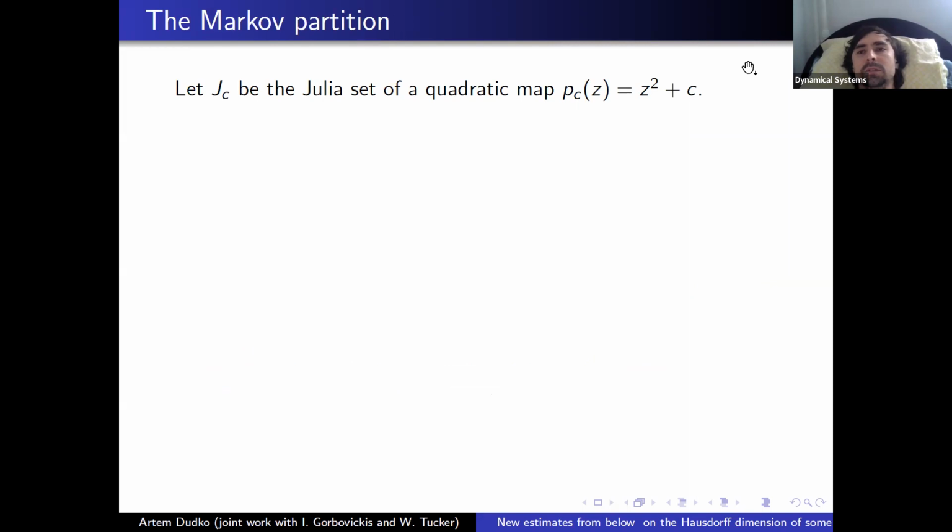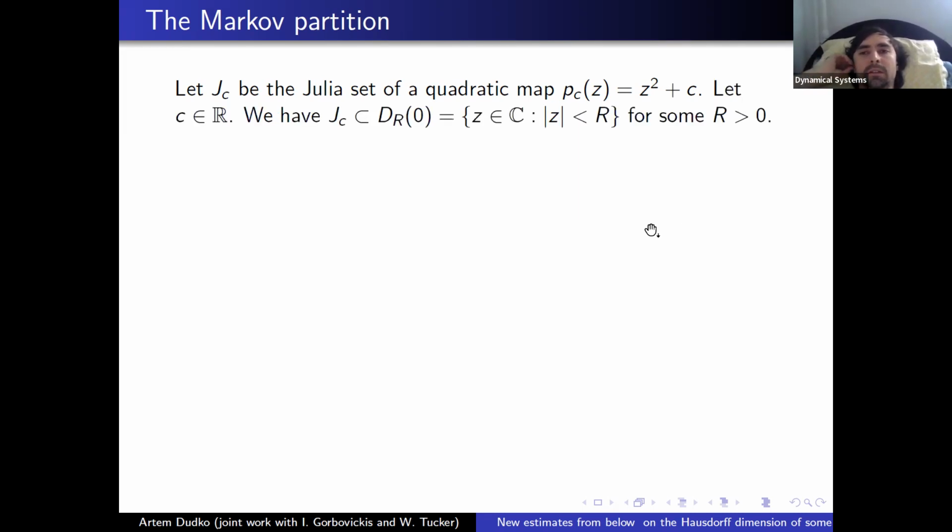And now let me briefly describe the main construction of our paper with Igors and Warwick, but for the case of a quadratic polynomial z squared plus c with real c.